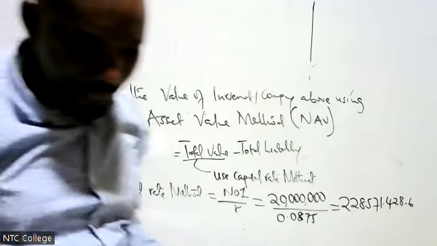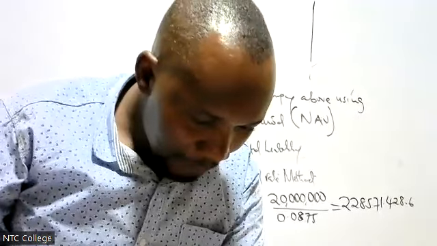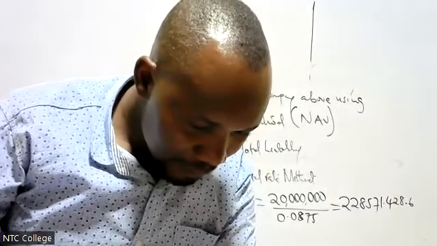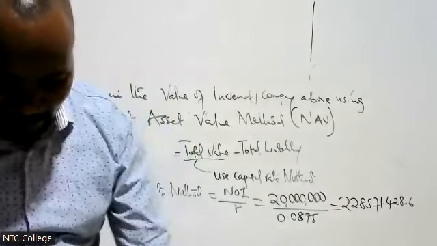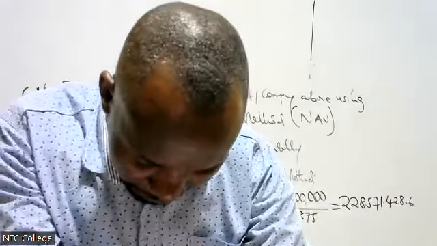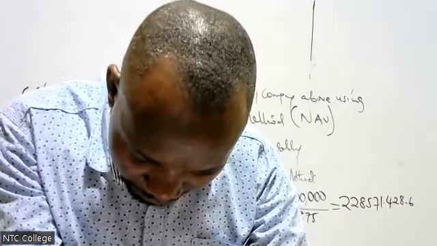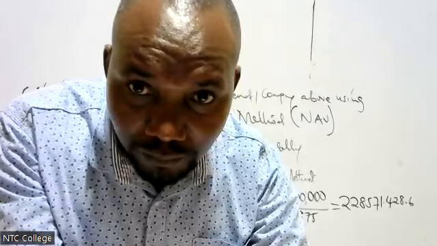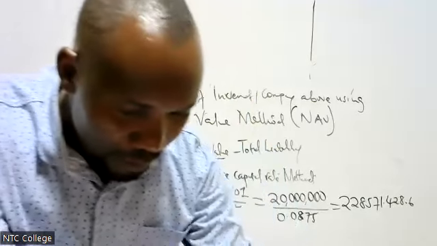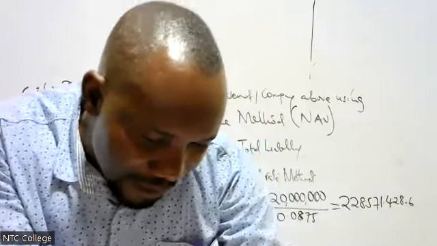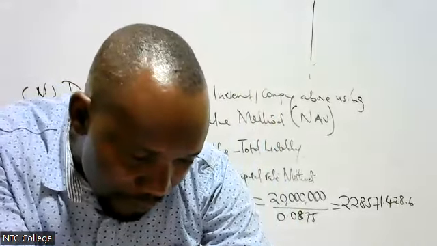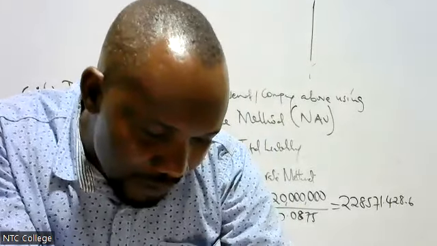Liabilities are 2 million plus 80. Is it that one? Yes. It is 2 million plus 80 million. Nilikuwa nimewapea short term loan was 2 million, mortgage is 80.